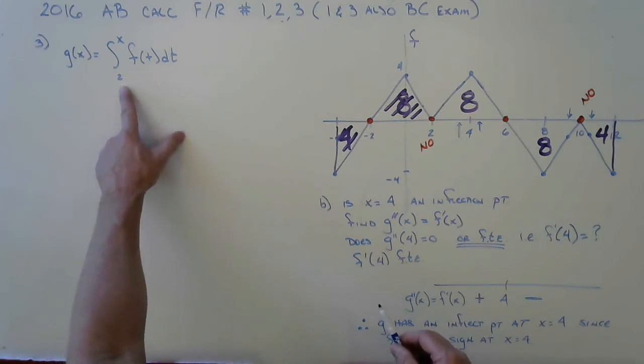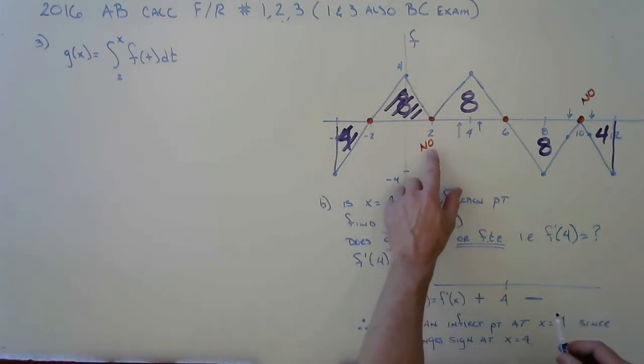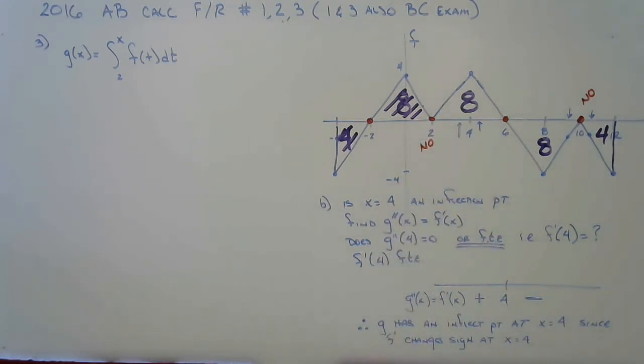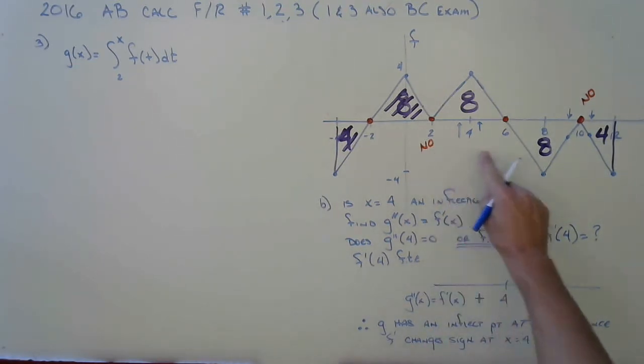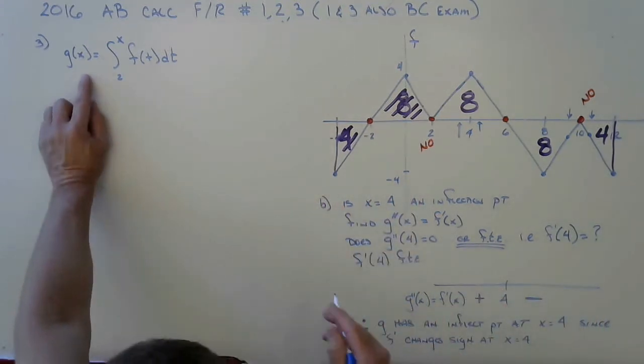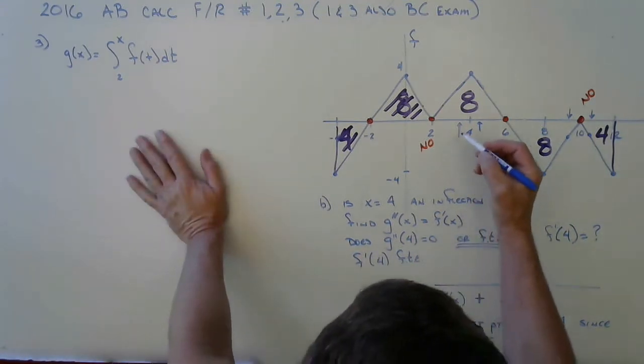So we have to start at 2. So if we go from 2 to 6, we get +8. What happens if we go from 2 to 10?